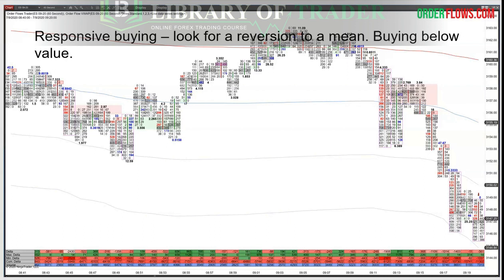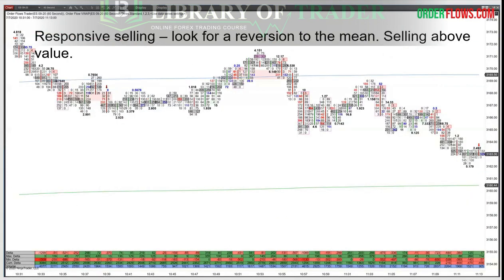And if you use VWAP as a mean reversion trader, you're always looking for the market to revert back to the mean as you're buying below value. And if you're a responsive seller, your market is above value, above the mean, and you're going to be looking for the market to move back to the mean.